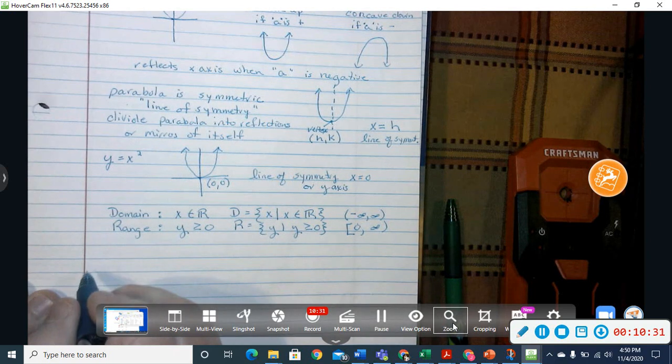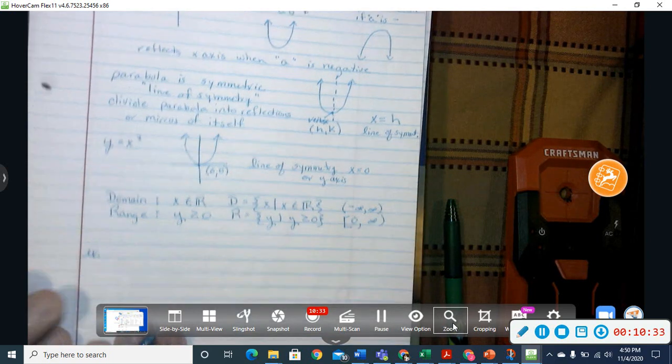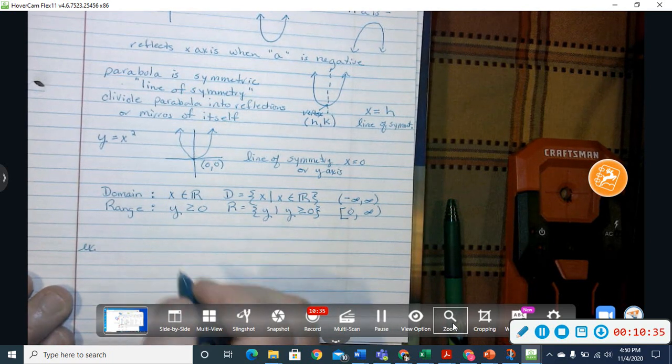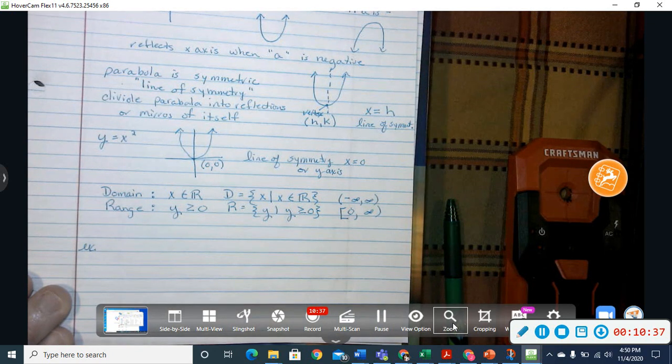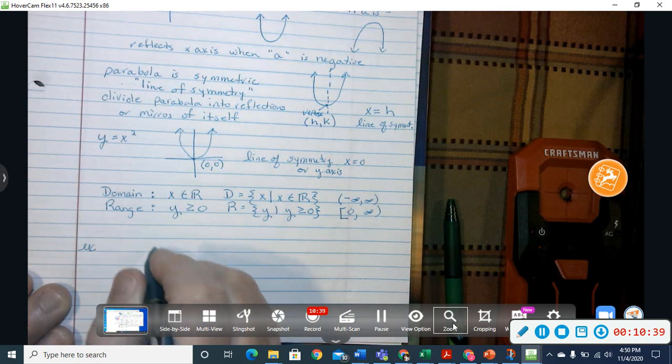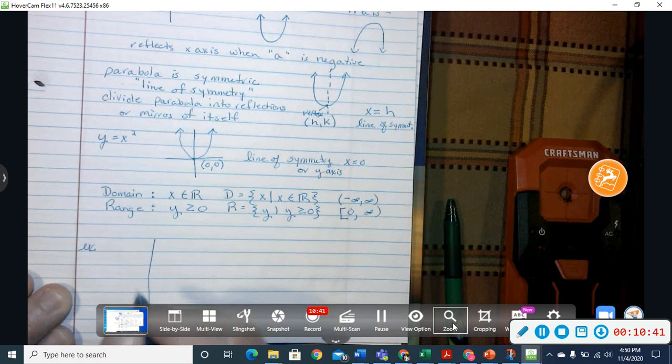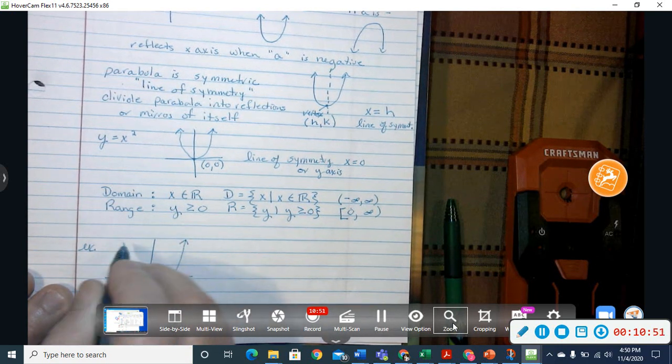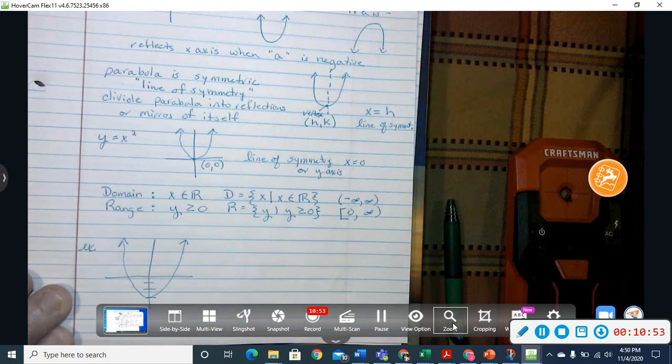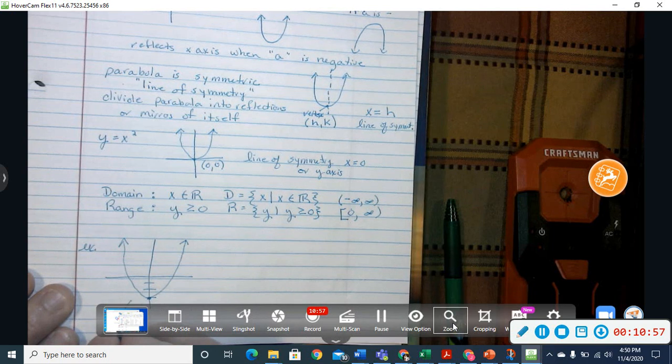So for example, if we had a quadratic equation that shifts down vertically 3 units, if we were looking at that graph, it would look similar to this. That means that the vertex has changed.